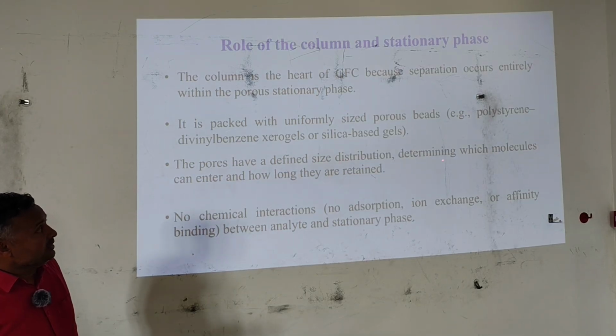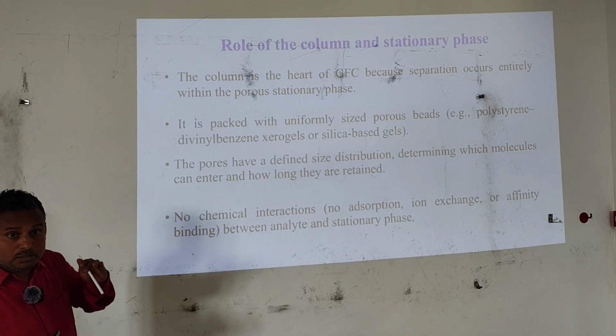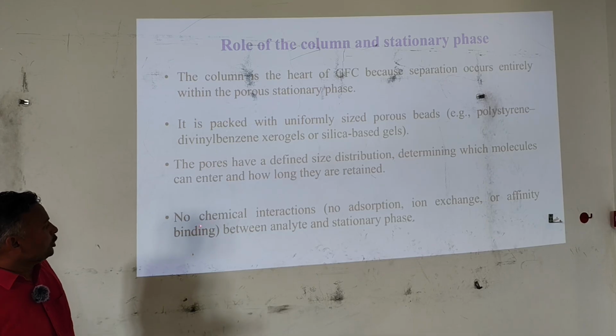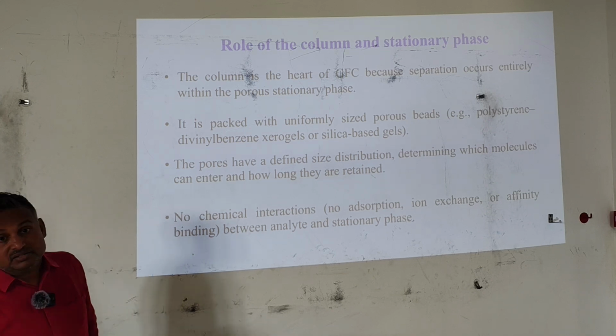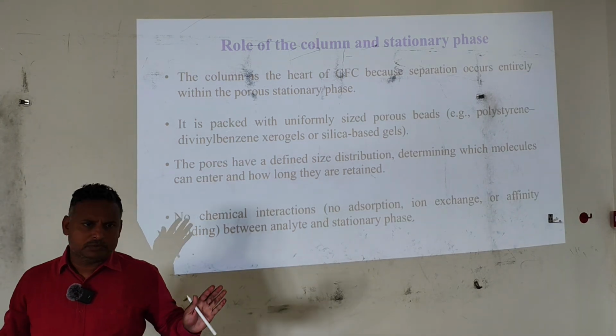That's why bigger molecules may not enter, the smaller molecules will enter. No chemical interaction, no adsorption, ion exchange or affinity binding between analyte and stationary phase. I already told you this point before, right?